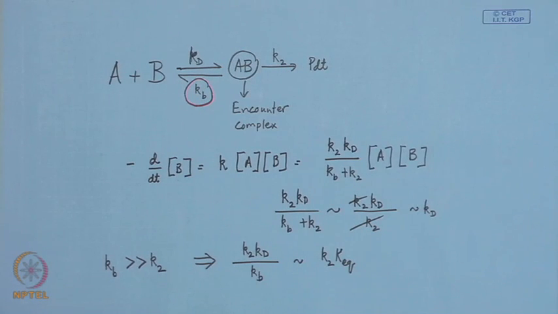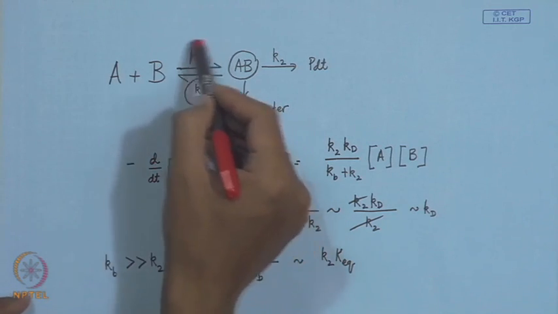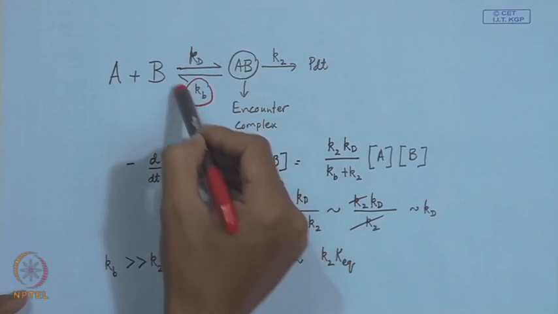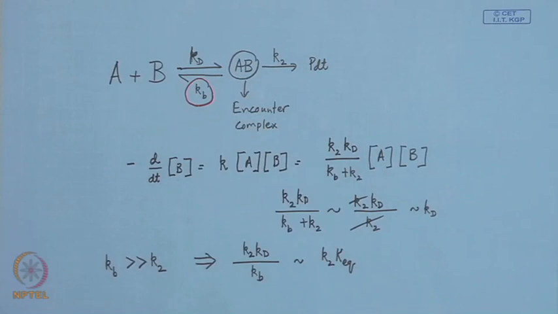But when the opposite situation happens, the reaction is a fast equilibrium followed by a slow decomposition of your encounter complex to produce your product.